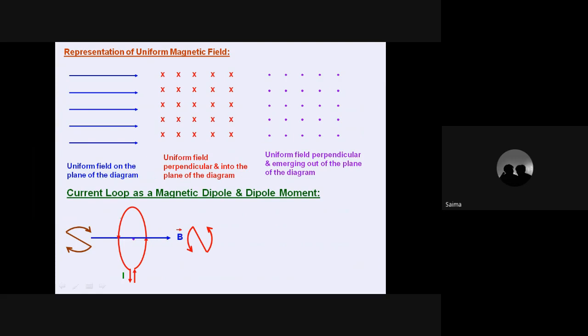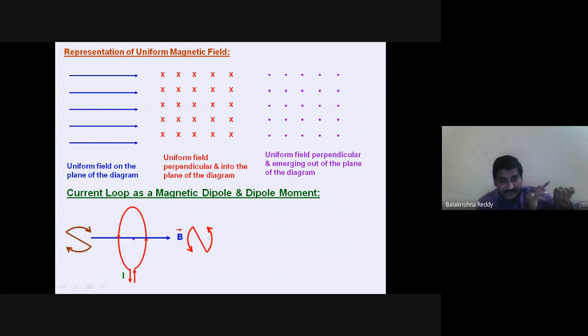If it is clockwise, then with respect to my view at this coil or loop position, this is a south pole, and the other side is a north pole. That is what the clock rule is. So since it has two poles, it is a dipole.